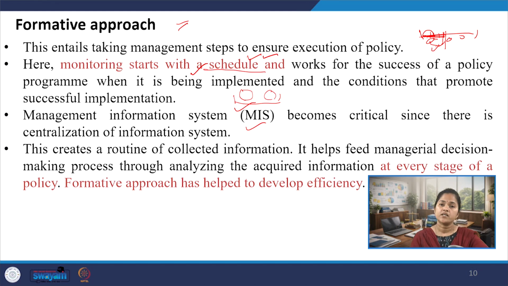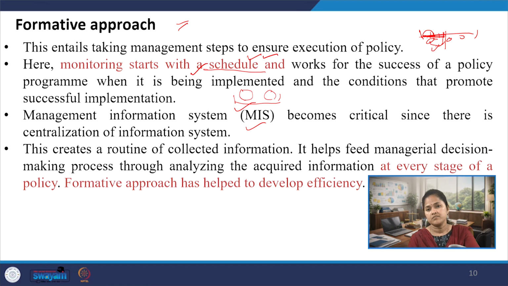If there are any flaws existing at any stage or any point of time, it is easier for the monitors to identify them, and accordingly they can adjust through funding, resources, strategies or guidelines. We can say in one line that this formative approach minimizes risk and avoids the catastrophic failure of a policy.